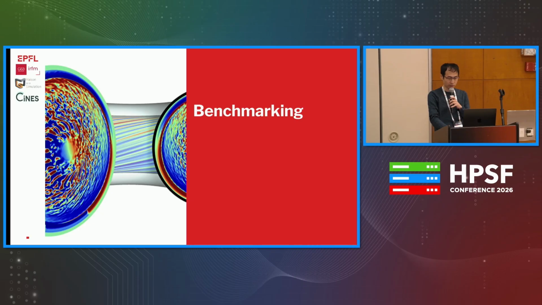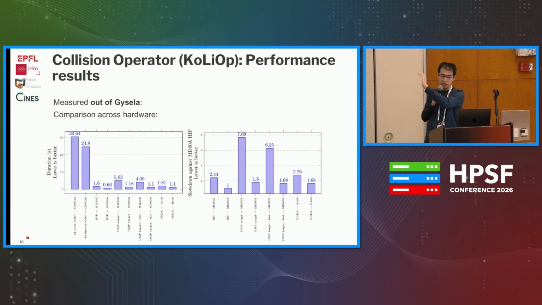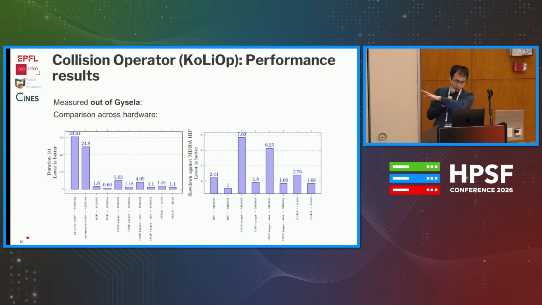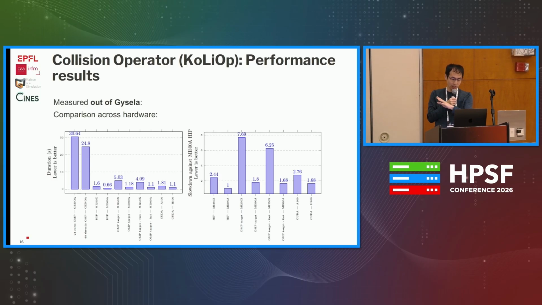I'll move on to the benchmarking results. This is only the collision operator fully written in Kokkos, and we don't report anything for the other parts. The left figure shows the elapsed time, and the left two bars come from CPUs with different numbers of threads. It's not fully scalable, but it's working.